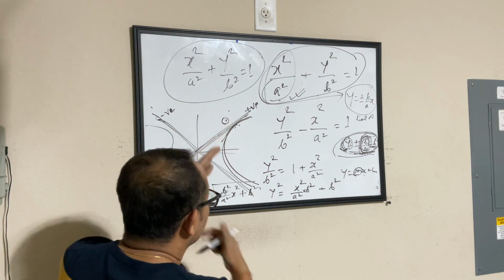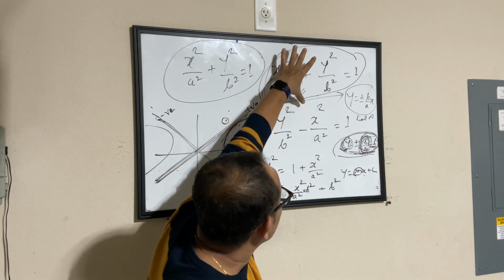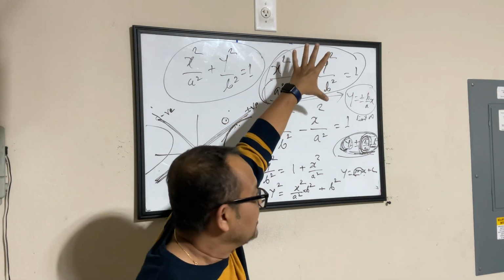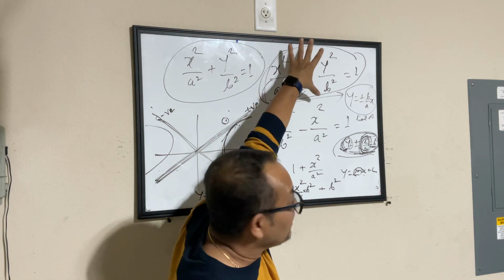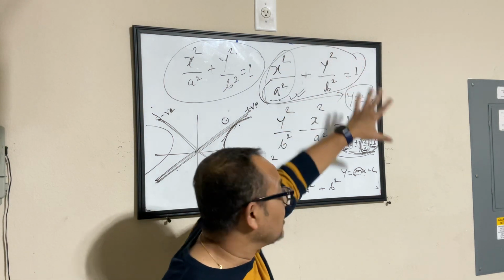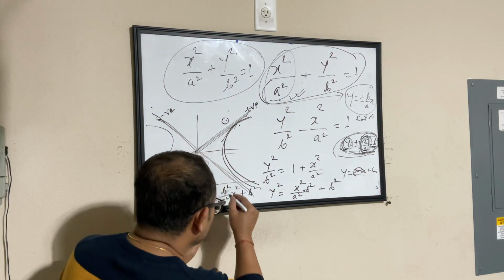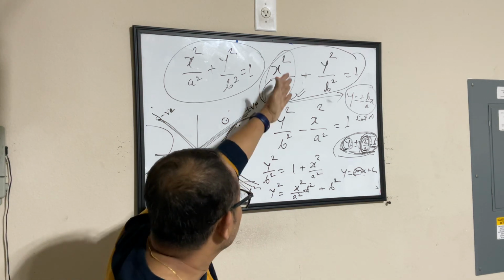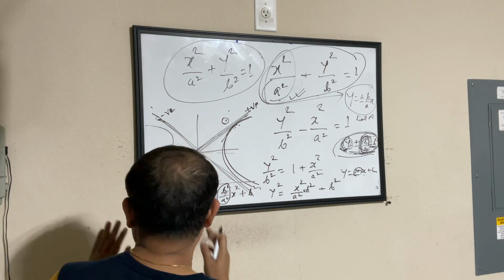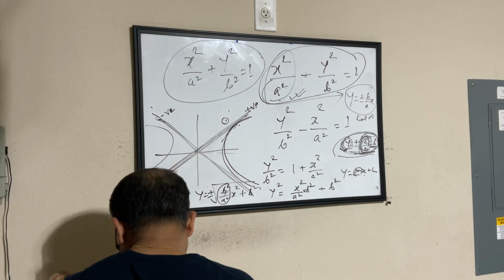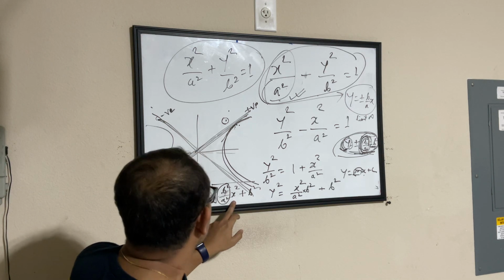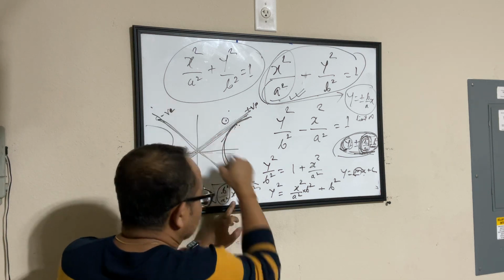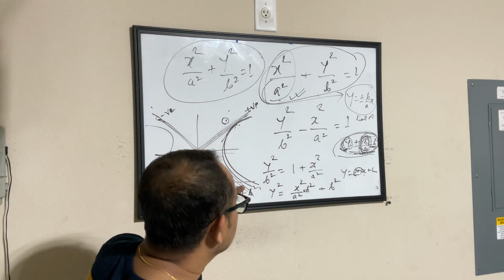So essentially, whether the equation has the y term being negative or the x term being negative, your slope for the asymptote is the same. Meaning, you get the equation, find out b by a times x, or b by a gives you the slope, and you can just draw the asymptote.